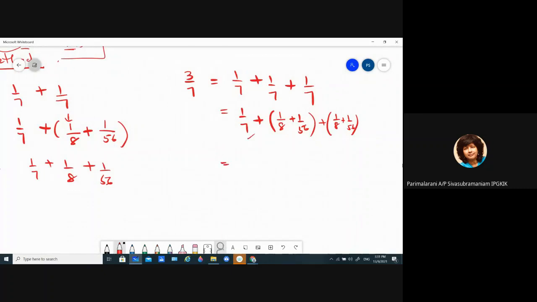So I can keep this, I can keep this, I can keep this. But these two are the same. So I need to change this. So I want to change the 1 over 8 first. So this is what I want to keep. Okay, this 1 over 8, I want to change, use the formula just now. I want to change to 1 over, what is the next one? 1 over 9.